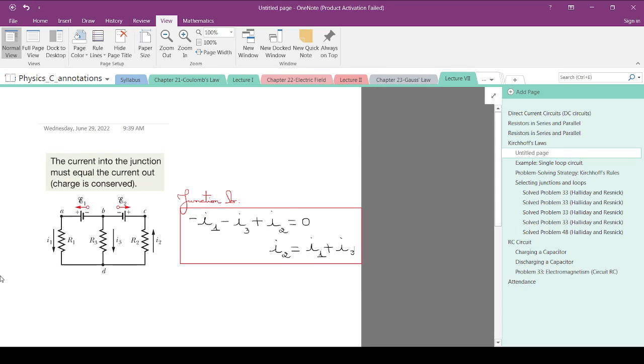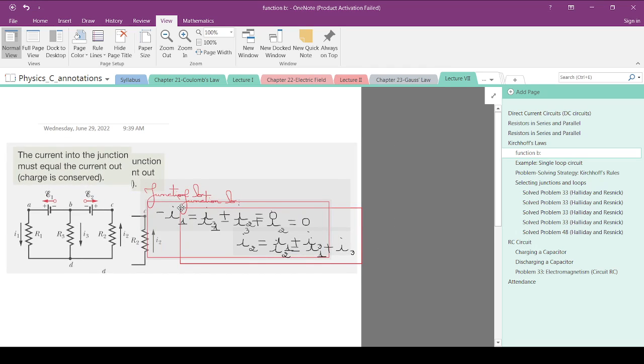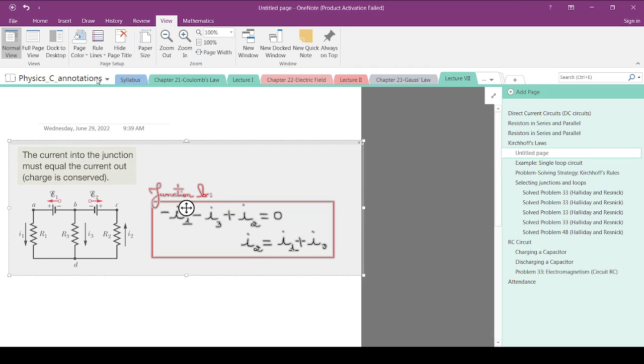Very important point here in junction B, when you are solving somewhat more complex circuits.